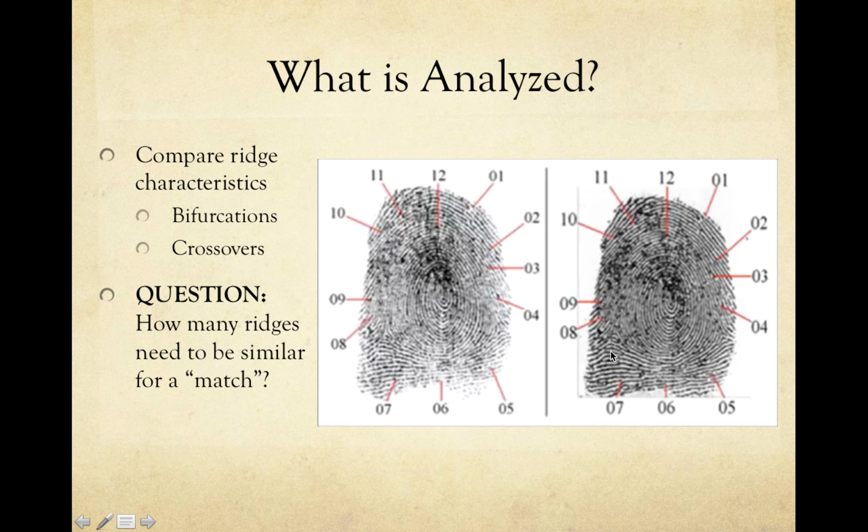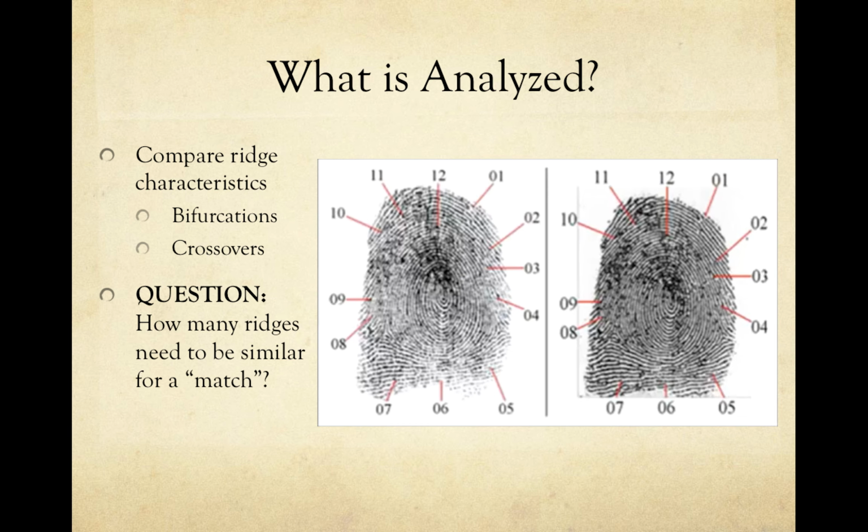And you can see here, in this specific case, there were said to be 12 similarities between these two fingerprints in terms of ridge characteristics. So 12 is quite a few, so the examiner might decide, yes, there is a match here. But that decision is still pretty qualitative.